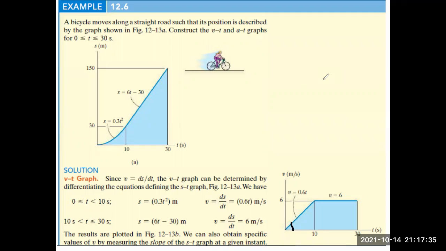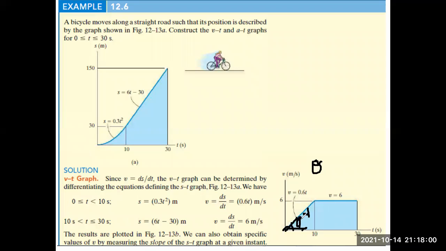Okay, so we need to get the slope. Once you know the slope, you can know the angle of this line with the x axis. How can you get theta? Theta is the angle.